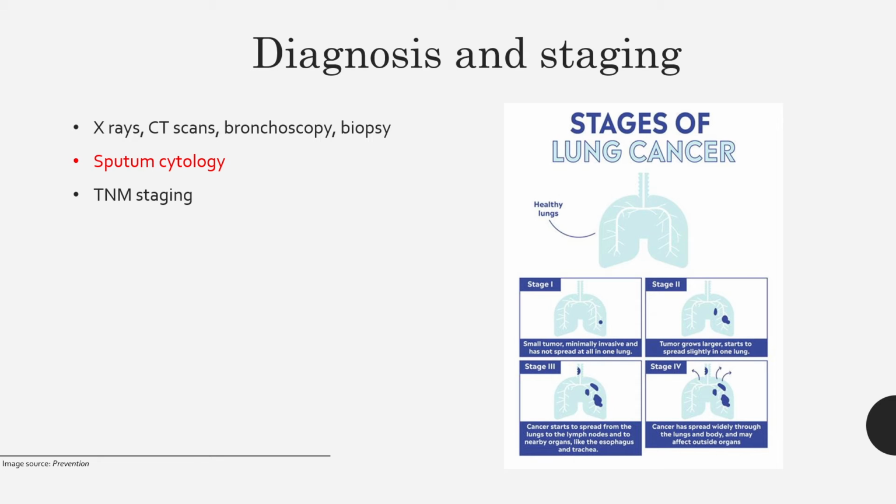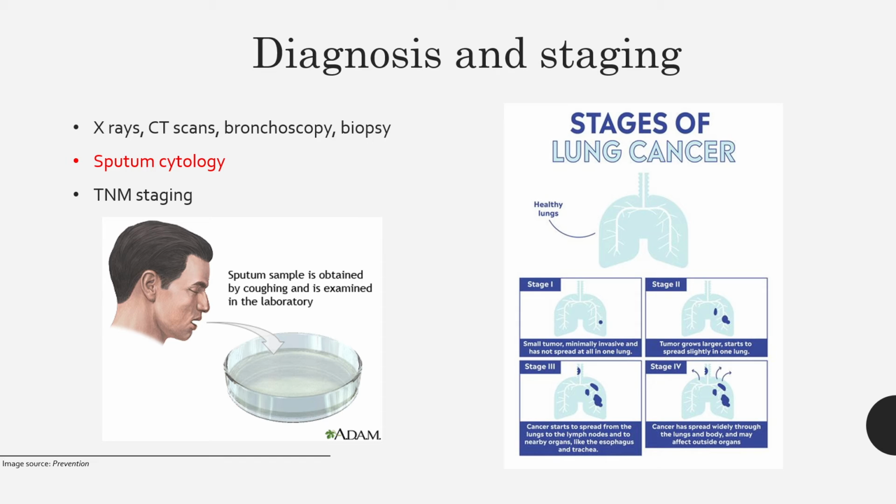Additionally, a method more useful for squamous cell carcinoma compared to adenocarcinoma is something we call sputum cytology, indicated by the red font, whereby coughed up mucus is examined for cancerous cells. This is shown on the bottom left image.